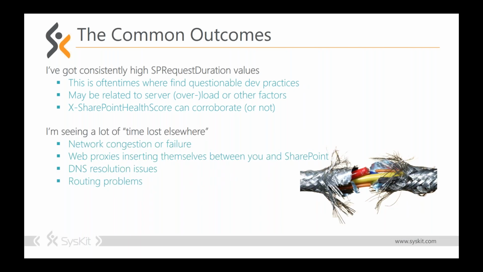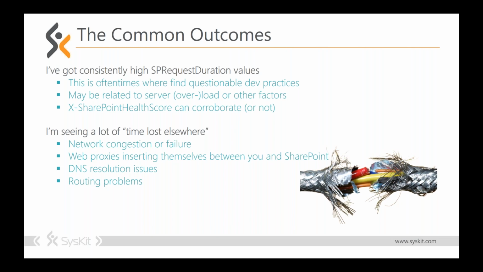Now, the other factor you might have in play is seeing a lot of time lost elsewhere. So if you compute that equation that I gave you, where you take the time that the request took to go to the server and come back, and you subtract out your request duration and IIS latency values, and you're still left with a very high number, like hundreds, even thousands of milliseconds, there's typically something else going on.